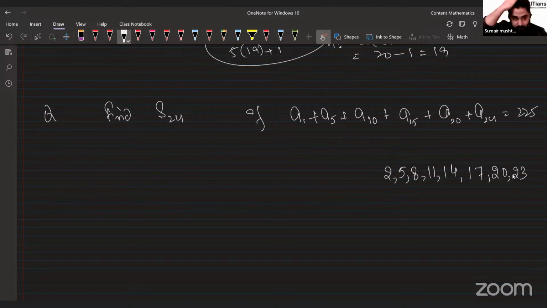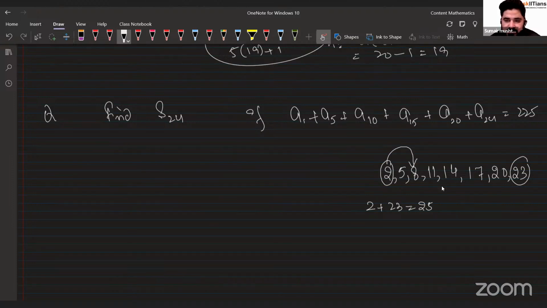The property of an AP is that if I sum the first and the last term, that's 25. Now, the sum of the terms which are equidistant from the beginning and from the end. That means if I take the second term from the beginning and the second term from the end, that is 8 plus 17, this will also be 25. If I take 5 plus 20, this is also equal to 25.